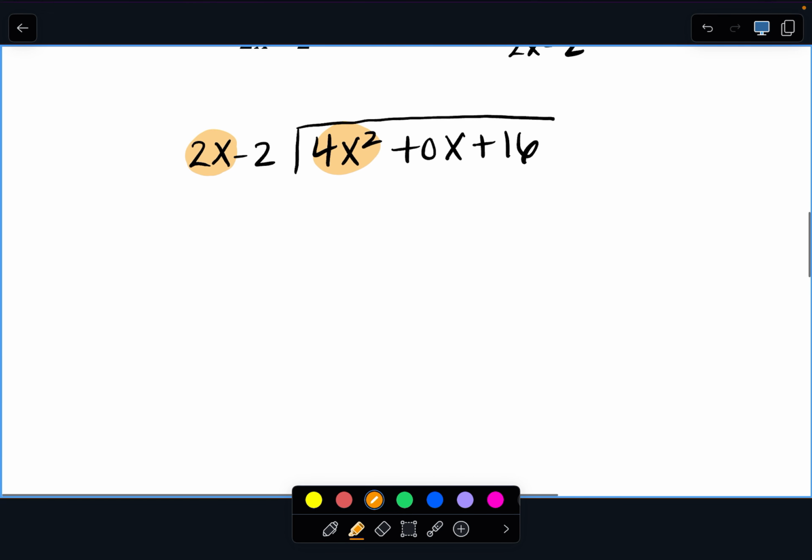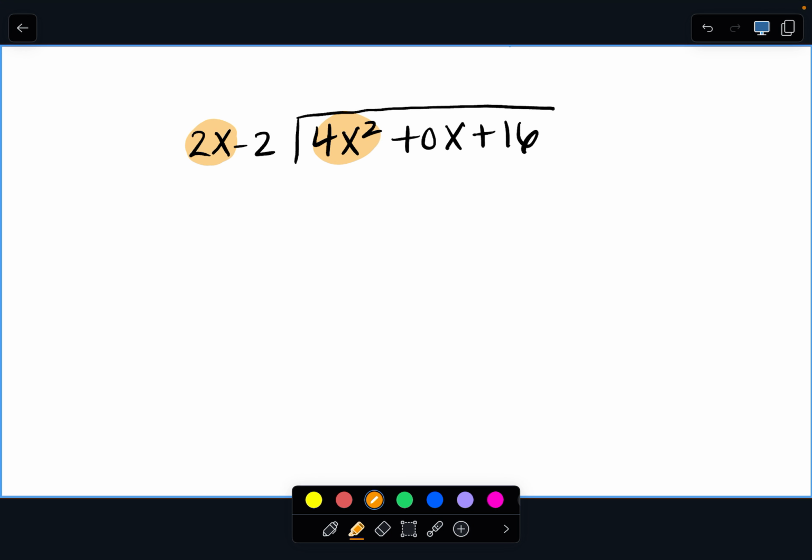So you're asking yourself the question, what do I have to multiply 2x by to make 4x squared? 2x. So I'm going to write 2x on the top because that's what I need. 2x times 2x is 4x squared.